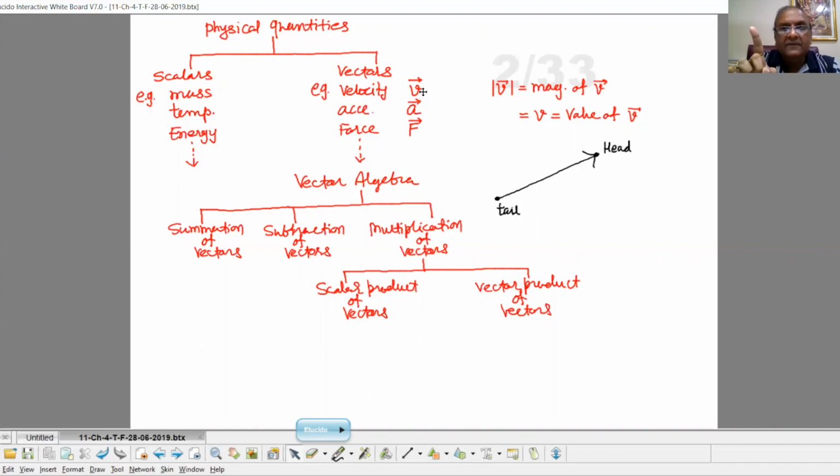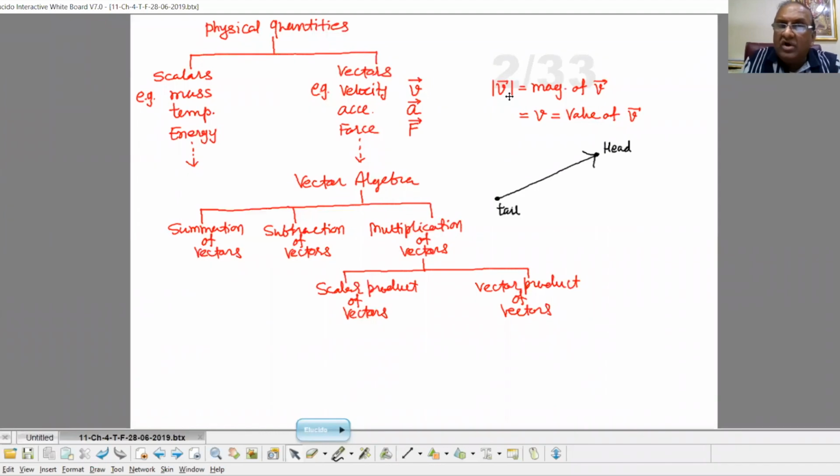But when we represent it as a vector, then above the symbol of that physical quantity, we have to place an arrow. And this arrow should be towards the right side. Do not use the left one. This is the symbol of vector quantity. When an arrow is placed on the symbol of any physical quantity, it implies that now that is a vector physical quantity. Clear?